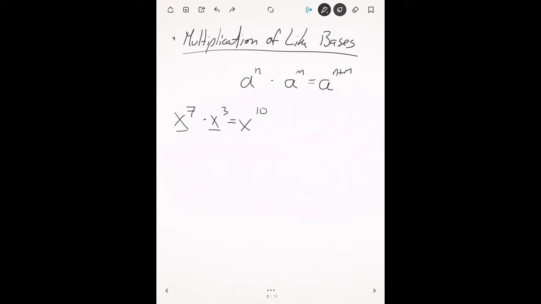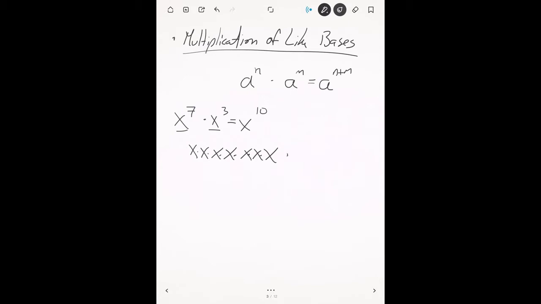Now, sometimes students might ask, well, why is this the case? Why is it that we're adding the exponents when we multiply the bases? Putting it into expanded form is actually going to help us really see that. X to the 7th is 1, 2, 3, 4, 5, 6, 7 x's all being multiplied together.